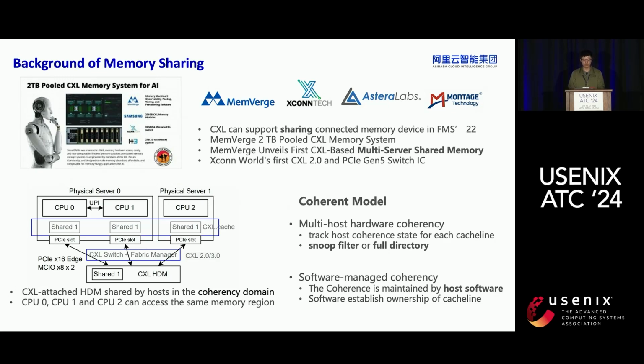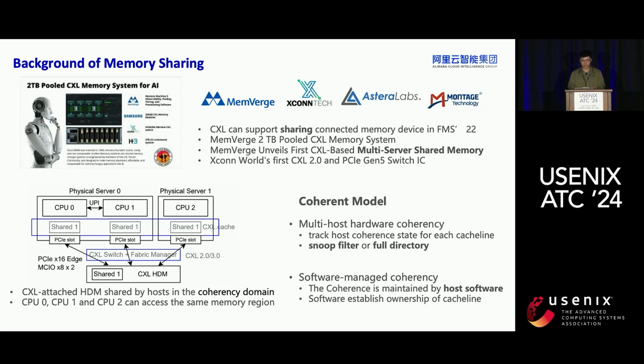The coherency model for each shared memory region is designed as either multi-host hardware coherency or software managed coherency. To support multi-host hardware coherency, it's required to check the host coherency state for each cache line. It also depends on tracking mechanisms such as Snoopy or full directory.